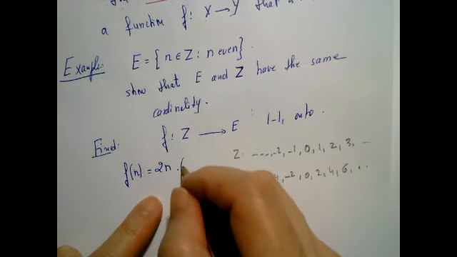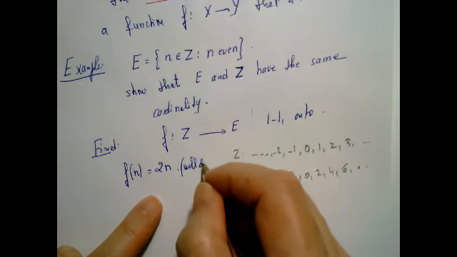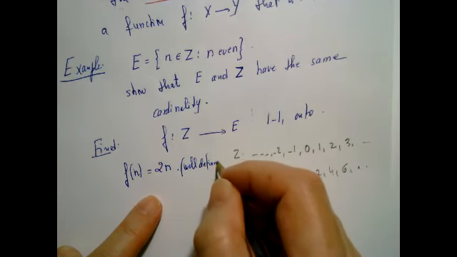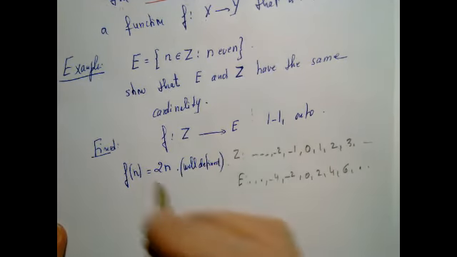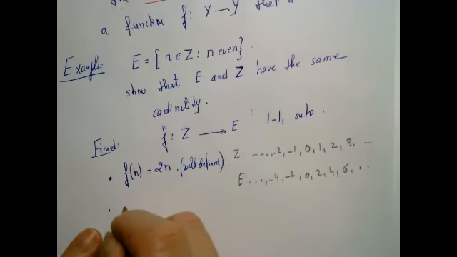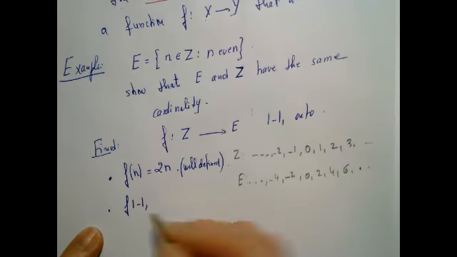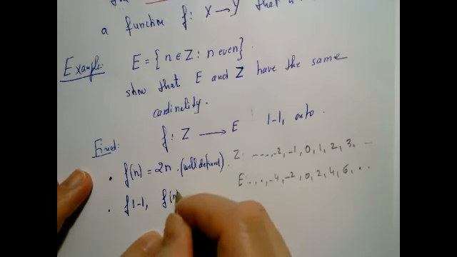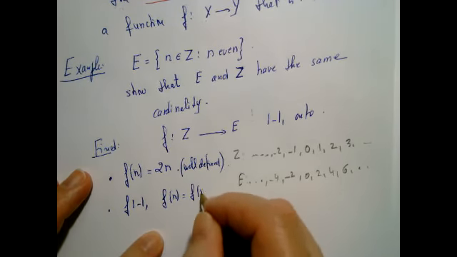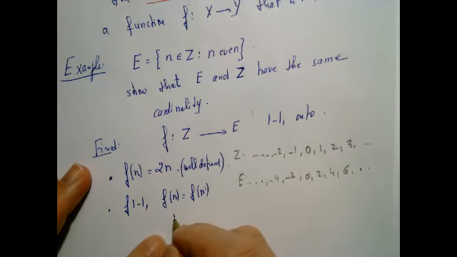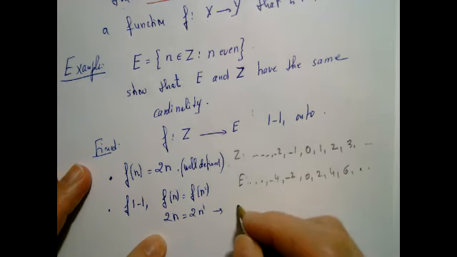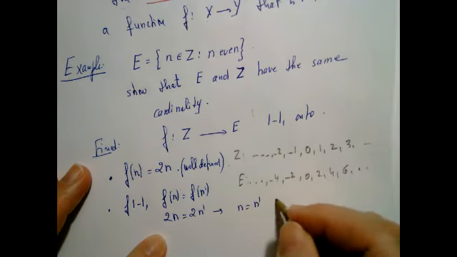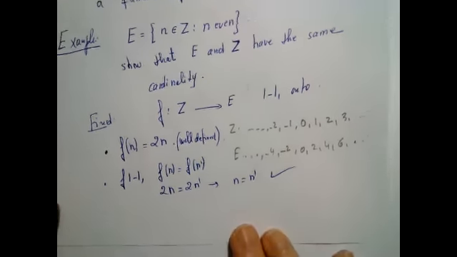So it is well defined. Question number 2, is f 1-to-1? Because that's simple. Suppose f of n equals f of n prime, then 2n equals 2n prime, it means n equals n prime. Check.